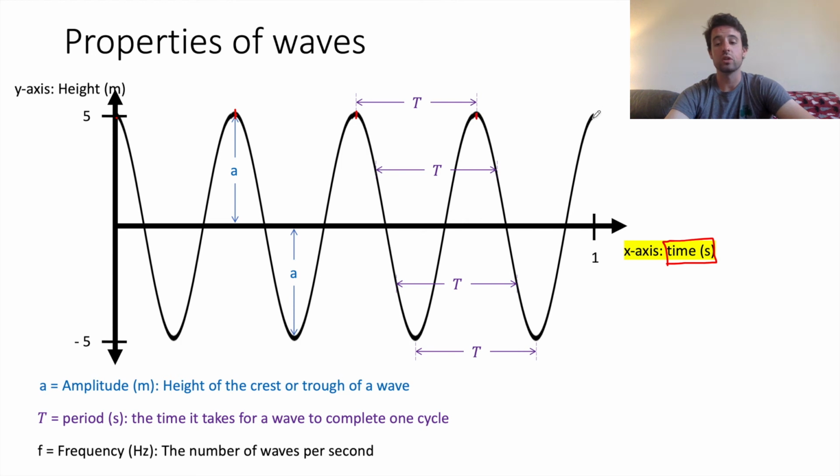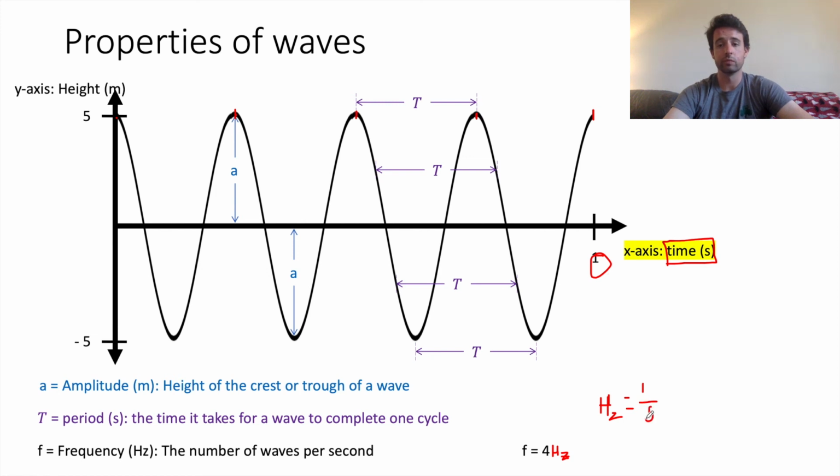So the frequency would be 4 hertz. F equals 4 hertz, or 4 cycles per second. Fun fact, hertz is a calculated unit. It's the same thing as 1 divided by seconds. So in this case, 4 hertz means 4 cycles per second.